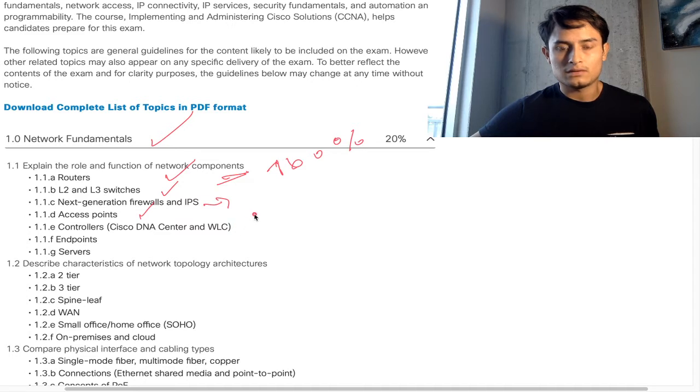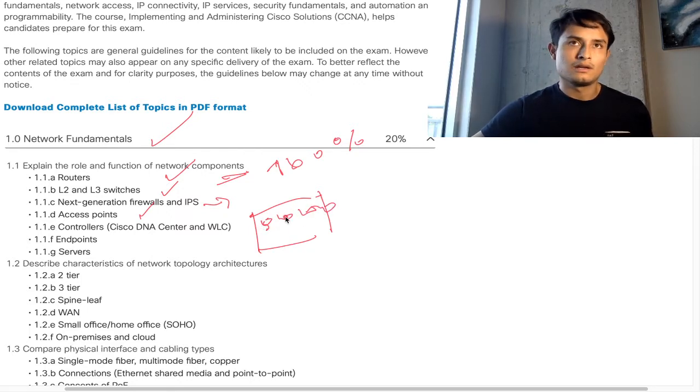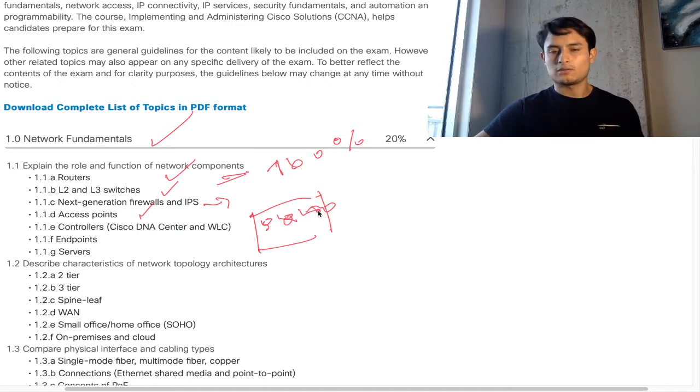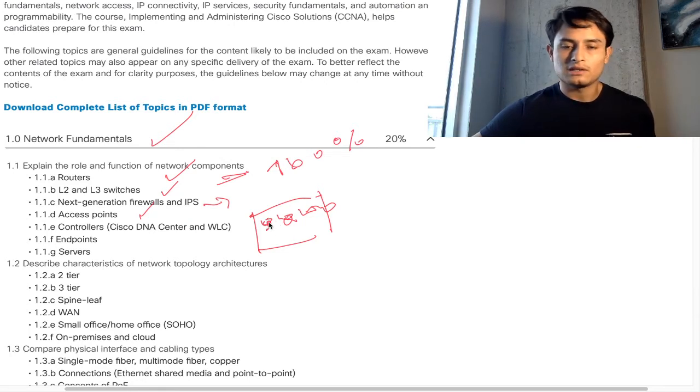On Packet Tracer, you can launch your wireless LAN controller, and you'll see some tabs for the wireless controller, like security, QoS, and some other features that I can't recall right now. Basically, you need to know what the screen looks like and what options you have below for each tab.